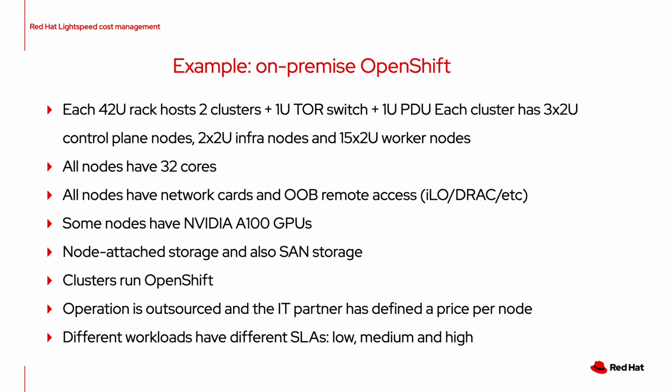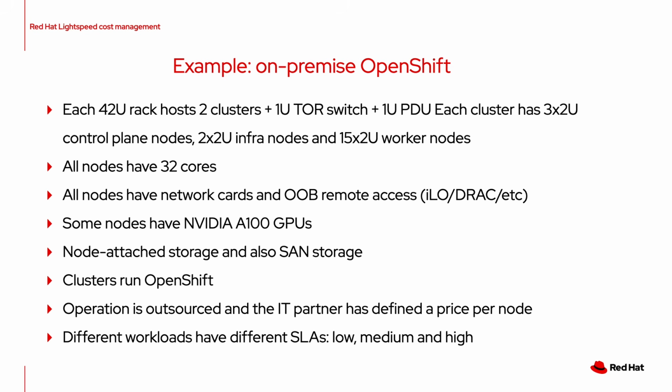And then I'm going to say that my operation is outsourced and my IT partner is charging me a price per node. And for my internal customers or external customers, doesn't matter, I'm charging them different prices for different SLAs on top of what they are paying for the consumption.